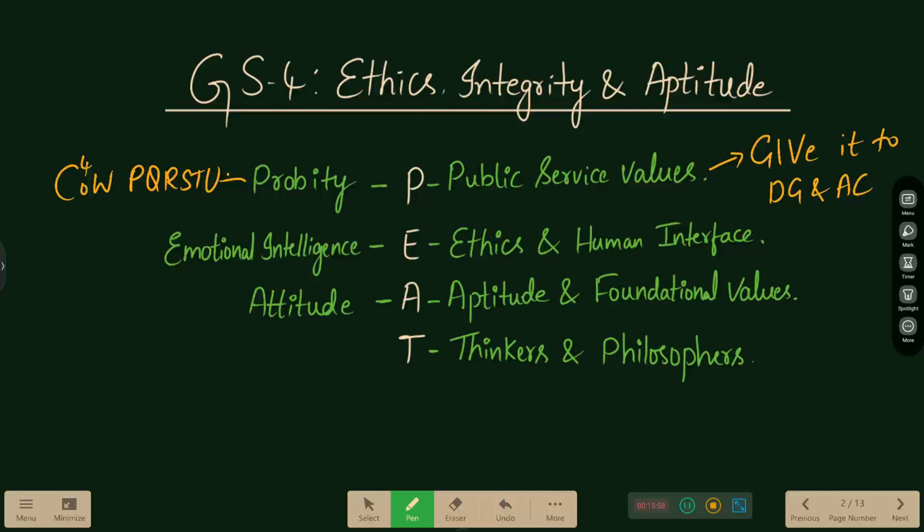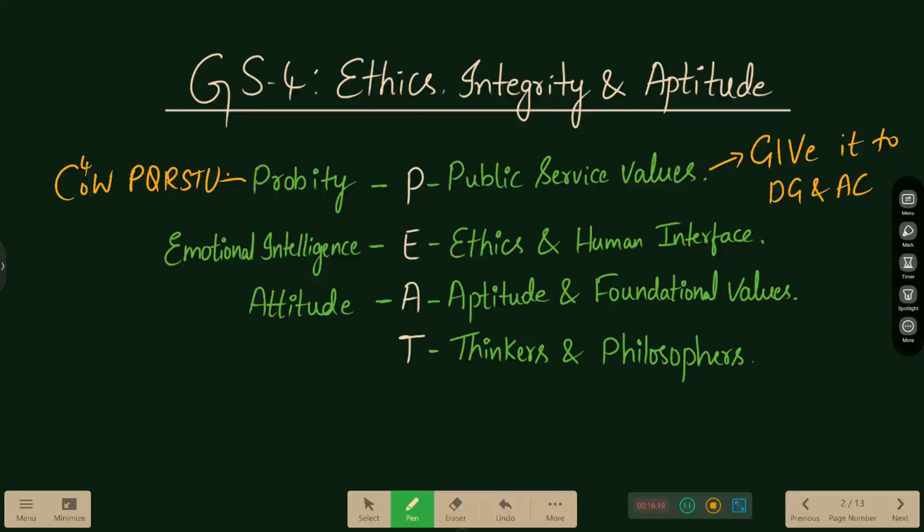Then emotional intelligence, its concept and application in administration. Attitude: the concept of attitude, relation between attitude and behavior, types of attitude, components of attitude, moral and political attitude, then social influence and persuasion.